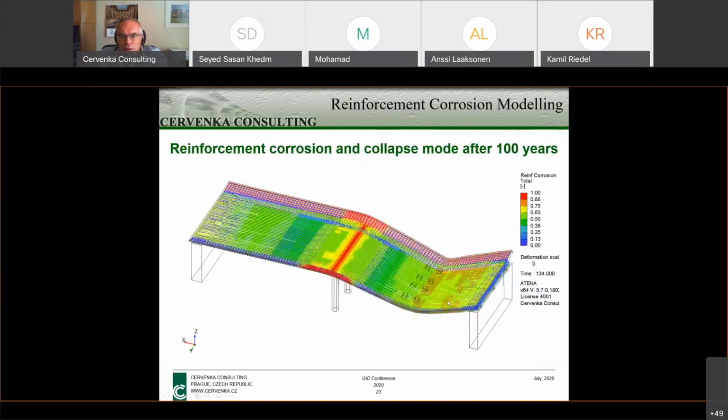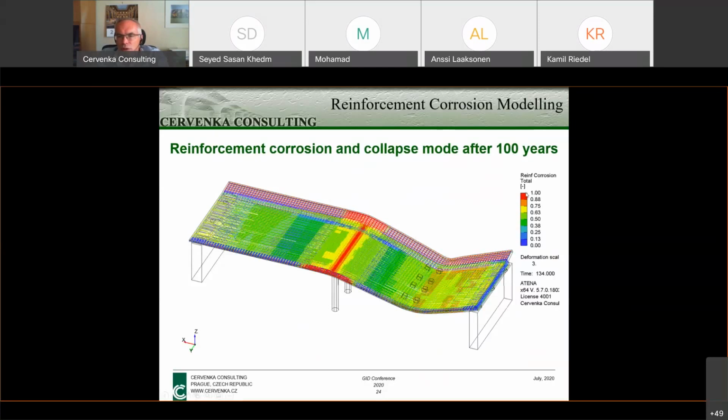And then, after calibrating our model, we could make long-term predictions using this durability model. And here you see, for instance, this picture shows the corrosion levels after 100 years.